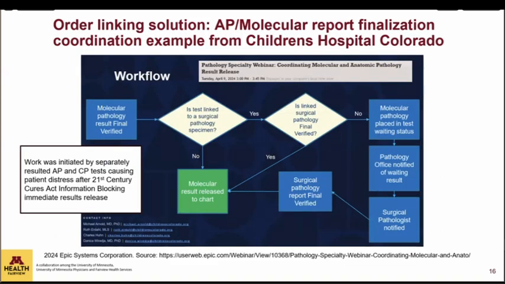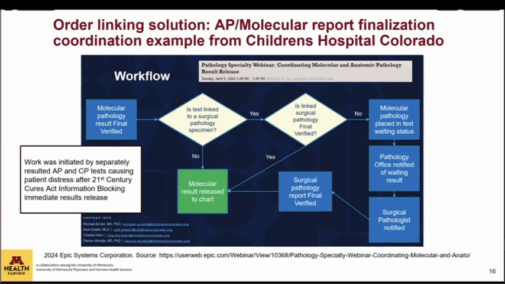So I want to highlight an example of a way one system has effectively achieved this. This is from a recent EPIC webinar on the EPIC user web. I'm happy to help anybody who's interested in watching this get the access they need. But this is from Children's Hospital of Colorado, and this is a solution that they achieved using EPIC's capability for order linking.